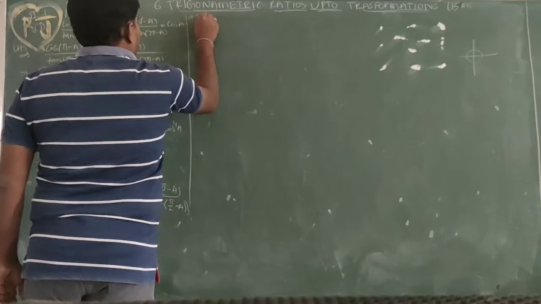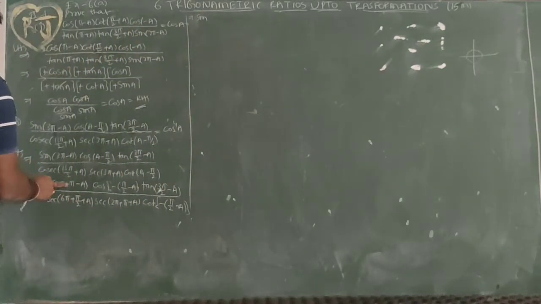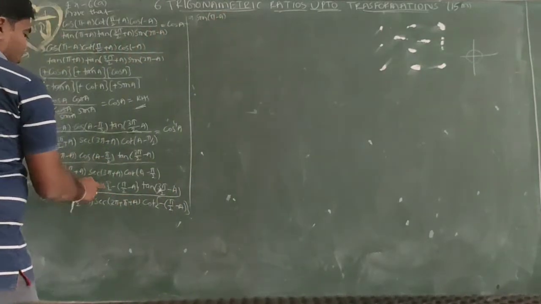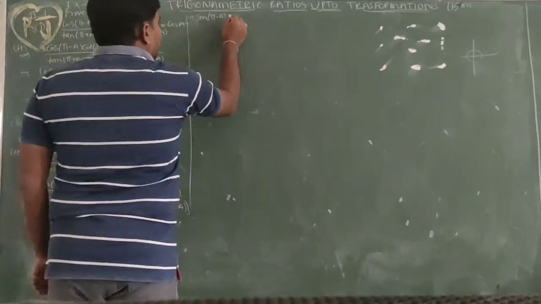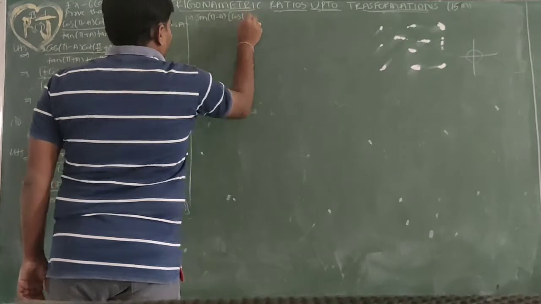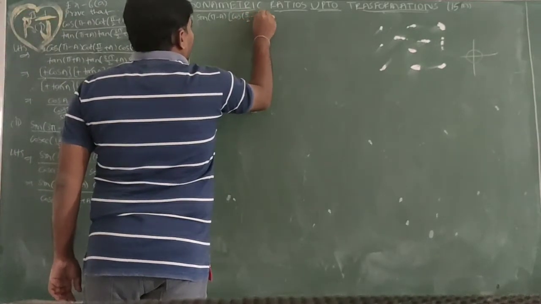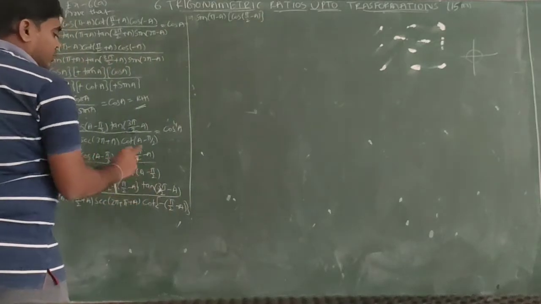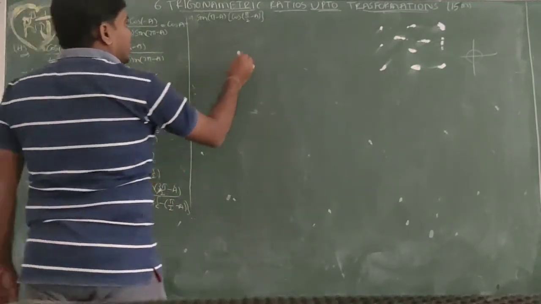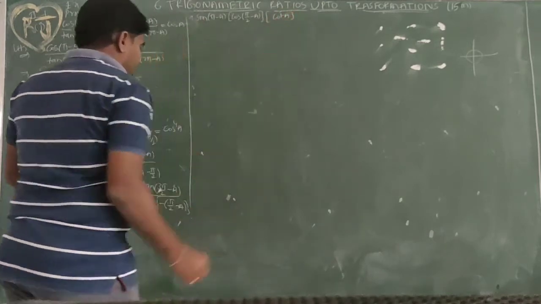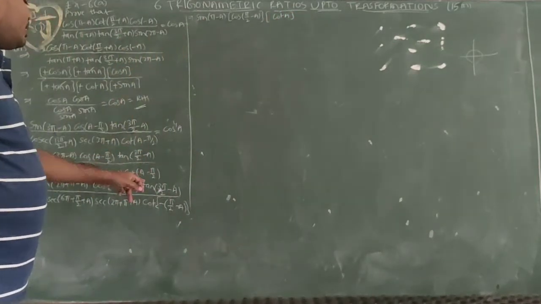Sin, this is 0, so sin (pi minus a). Cos of minus theta is cos theta, cos of (pi by 2 minus a). Next, tan of 3 pi by 2, 270, so tan changes to cot a, and 270 minus is third quadrant, tan is positive.